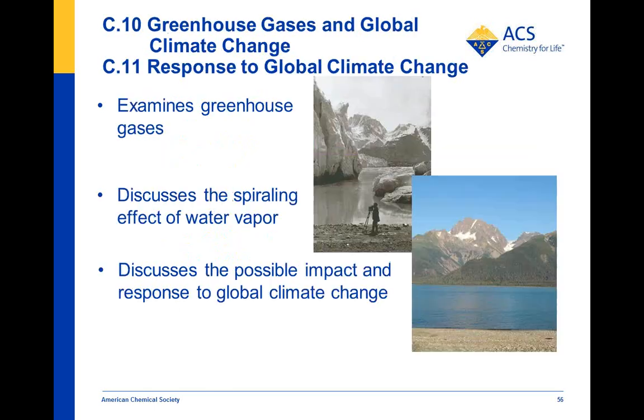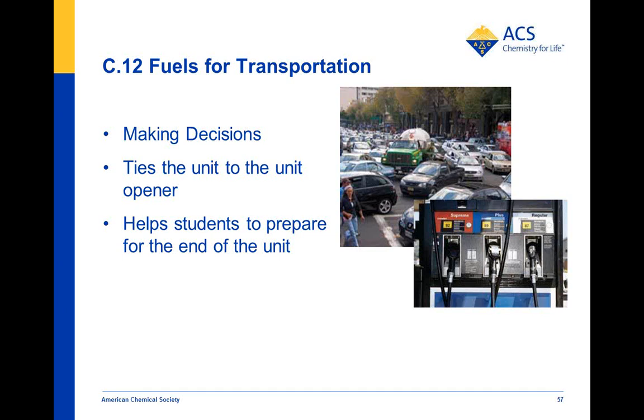Yep. And this is followed by greenhouse gases, global changes, and responses to global change. This is, again, just a follow-up, and there's lots of information in the book with some lovely graphs and pictures, and it is then followed by fuels for transportation, and now we're getting into where we're going to be going in the next section. Again, making decisions.